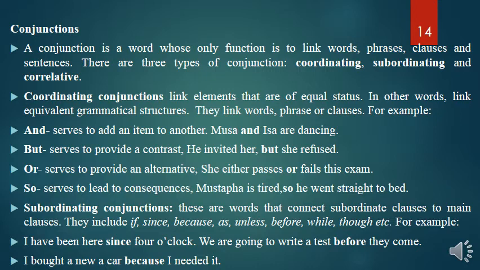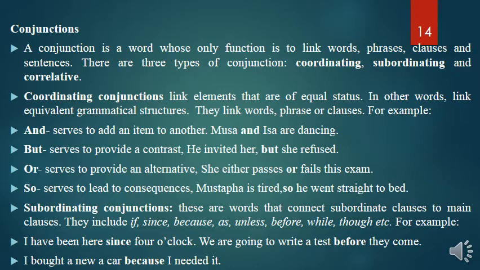For example, examples of coordinating conjunctions are and, but, and or. For instance, in this sentence, and serves to add an item to another. Musa and Isa are dancing. And is used to coordinate Musa and Isa. But serves to provide a contrast.